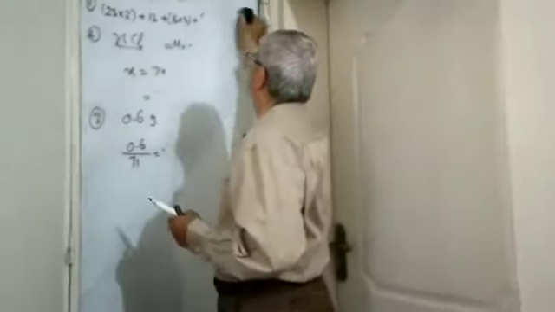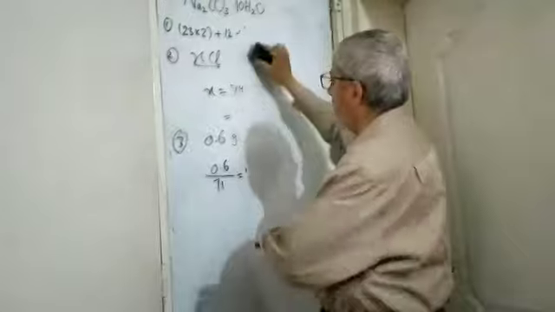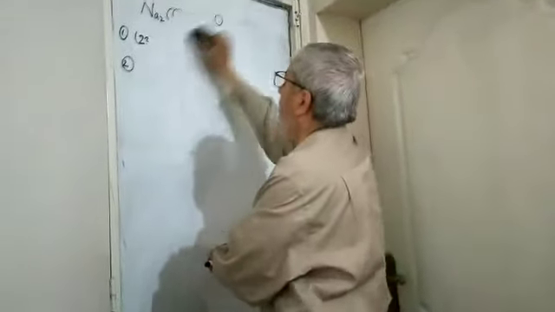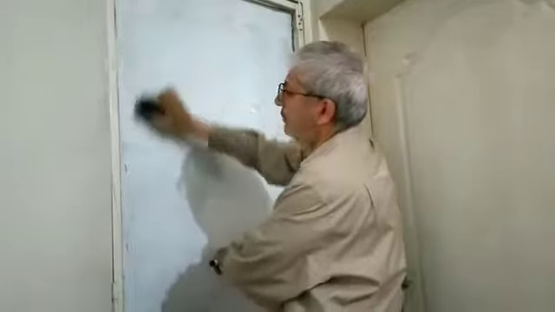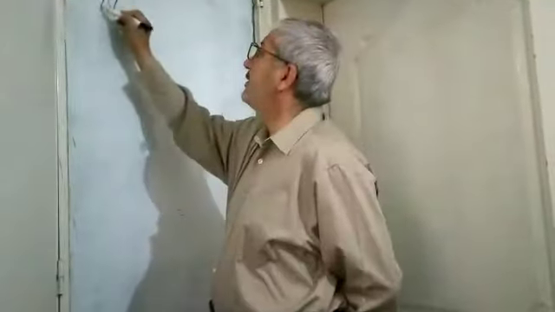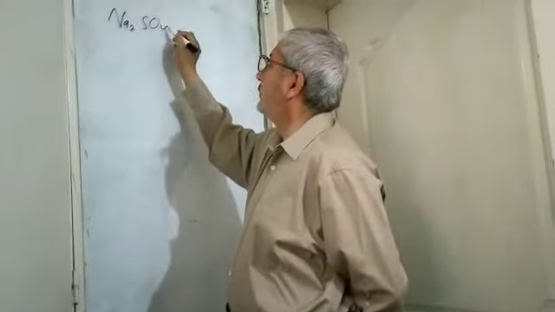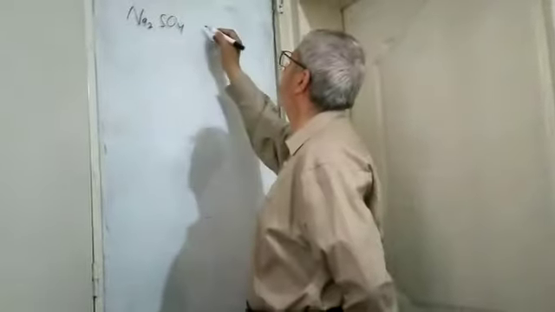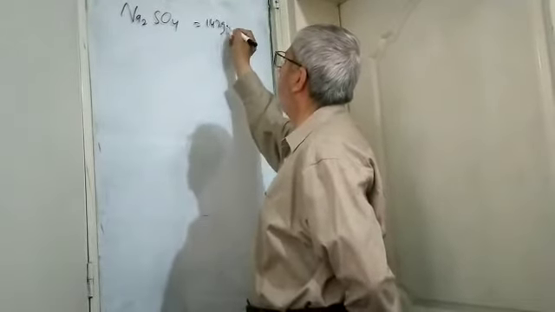Again, you have to change the 142 grams into moles. The formula of sodium sulfate is Na2SO4. It is 142 grams.